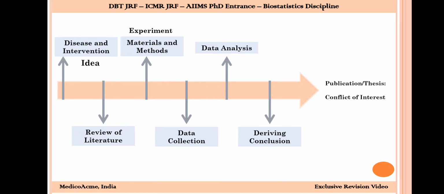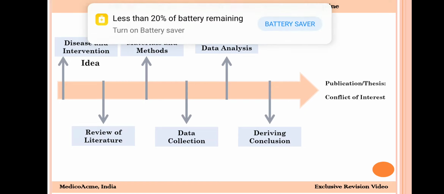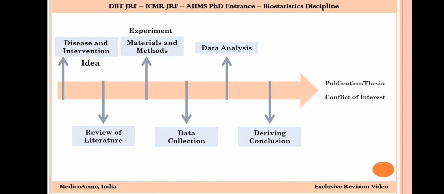So guys, what is anyone's goal in research? The Nobel Prize, and this is actually in the field of physiology and medicine. Why? Because all the innovations or discoveries that you are making in the health sciences are going to give a beneficial effect in human welfare.